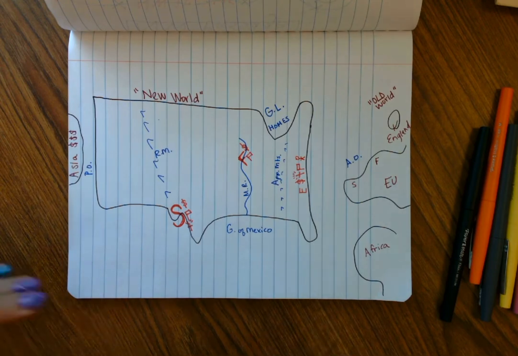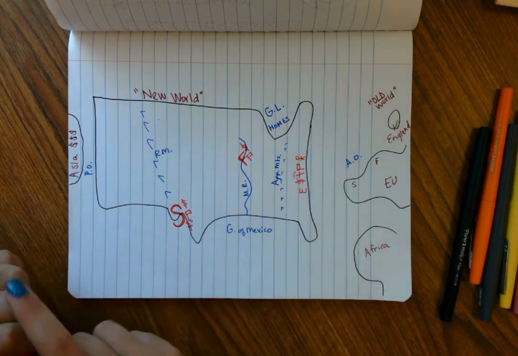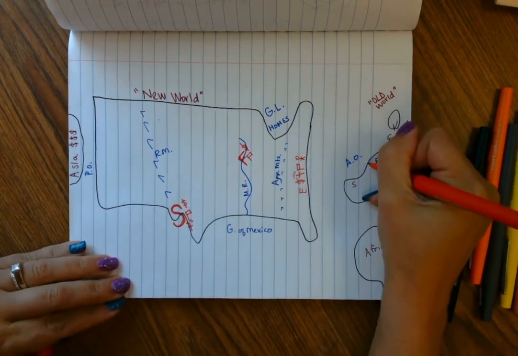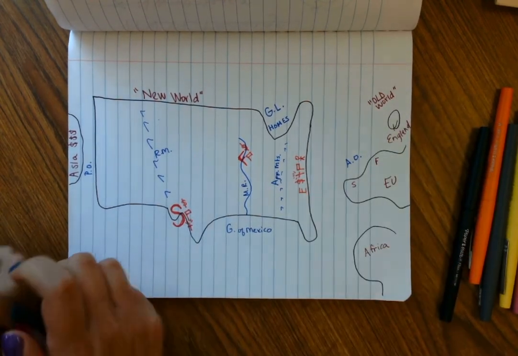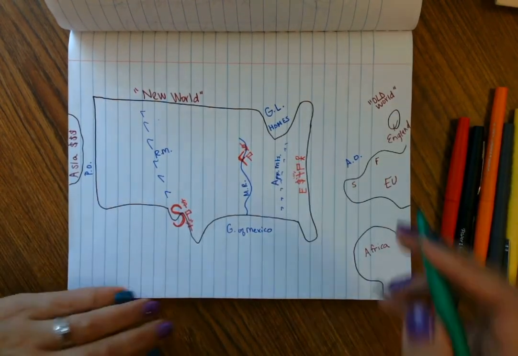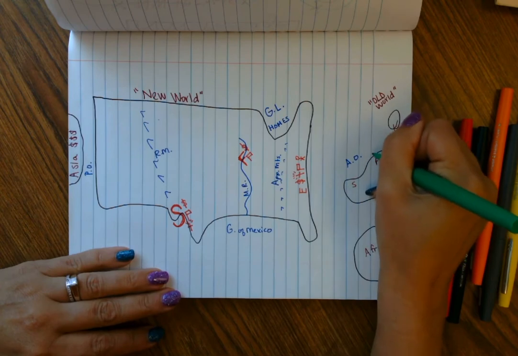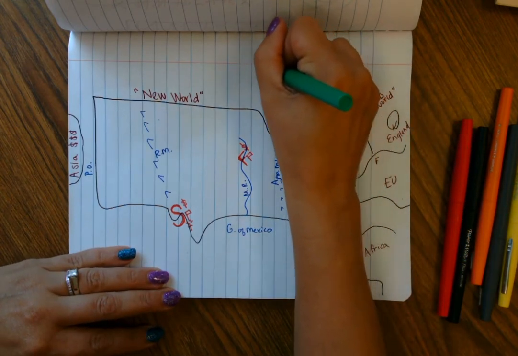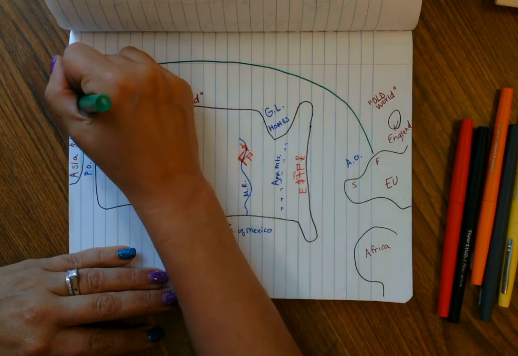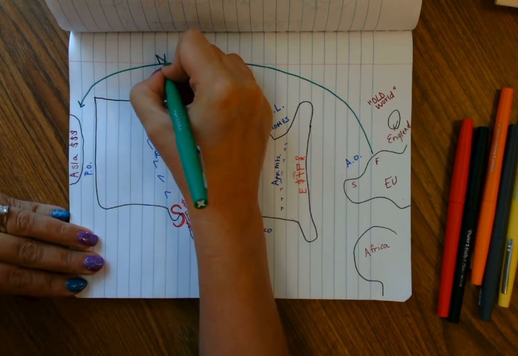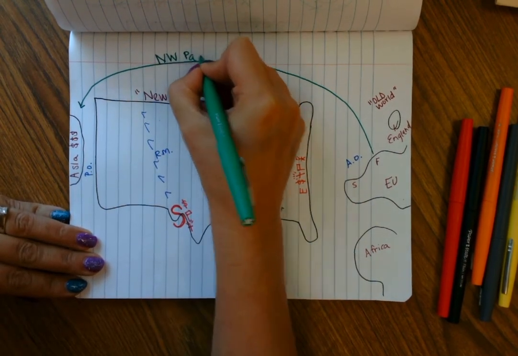But with these explorer groups, we are going to see that it's not enough just to explore here. Let's not forget that they wanted, and this is new, so I'm going to actually use a new color because this is new information, that they actually, from the old world, were still trying to get to Asia. And that path that they wanted to get to Asia was referred to as the Northwest Passage.